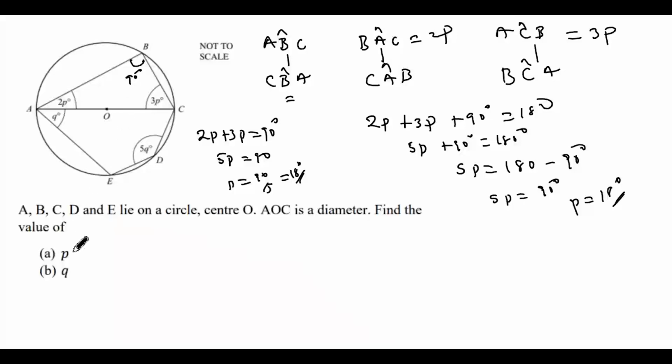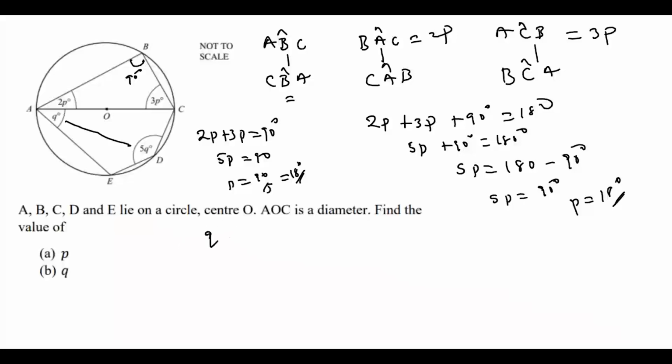The next one is to find Q. Just like what I told you, from the shape ACDE, we have a cyclic quadrilateral, and we know that opposite angles of a cyclic quadrilateral add up to 180 degrees, they are supplementary. So these two are opposite angles, then they should add up to 180 degrees.